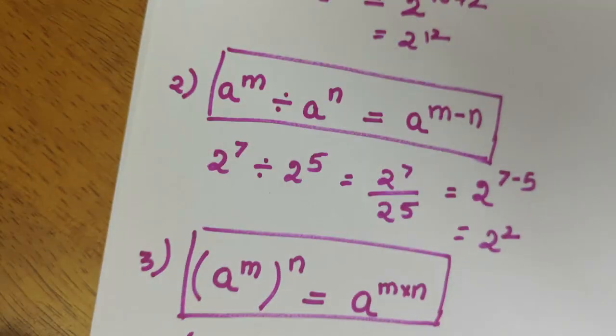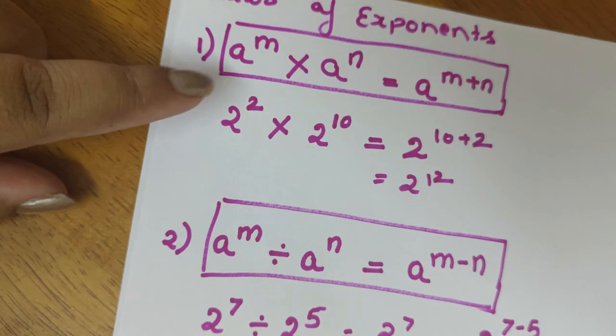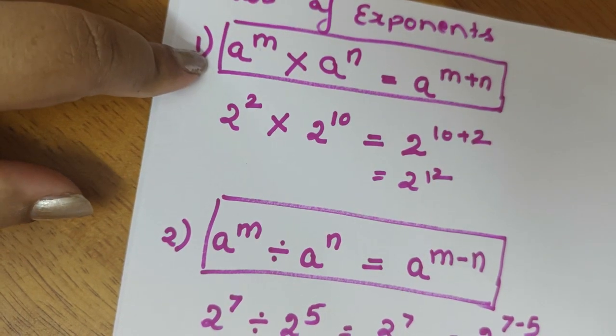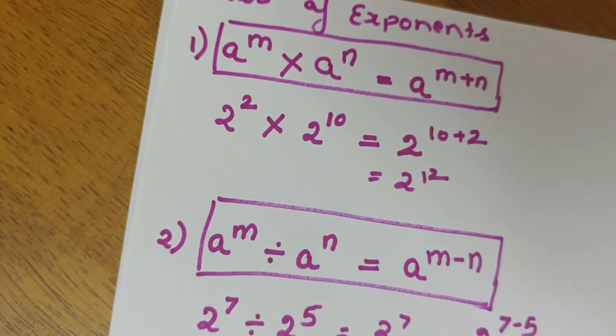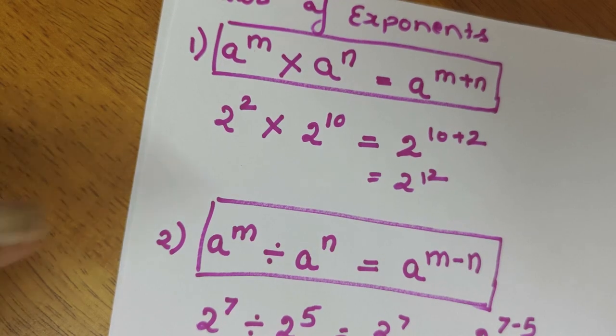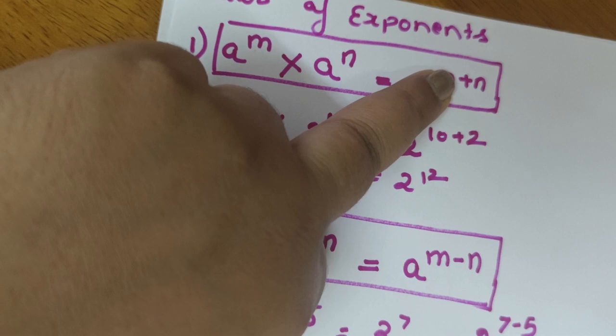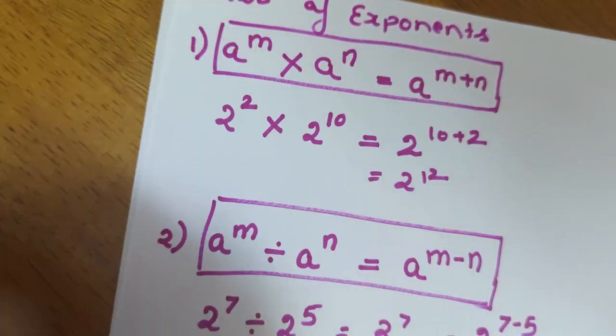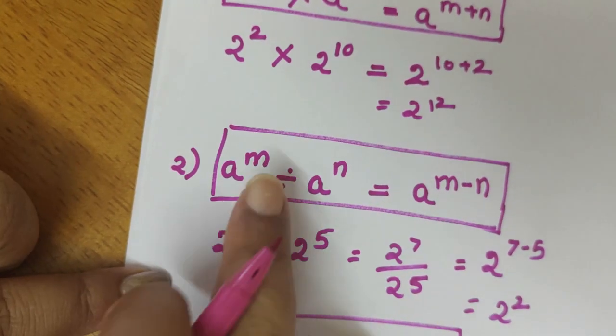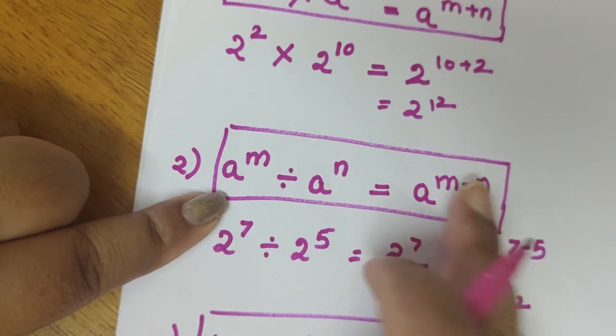First of all, let's revise these together. If I have to multiply similar integers which have powers, we add the powers together. If we have to divide, we subtract them.